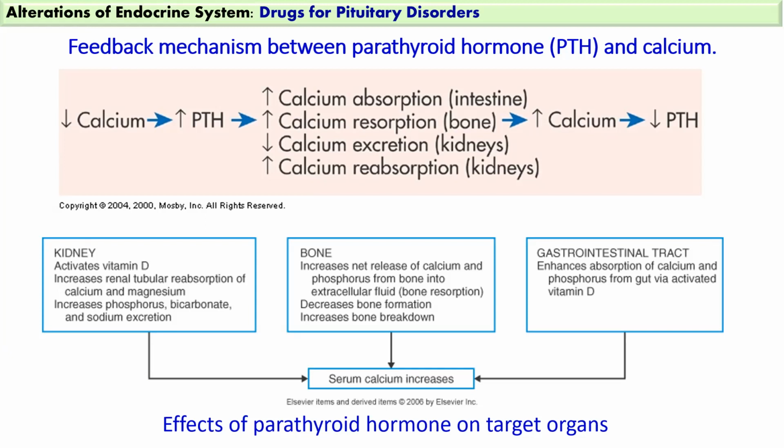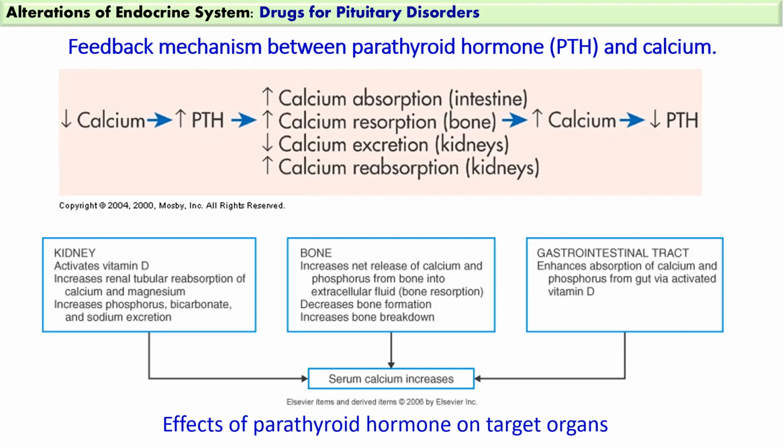The PTH hormone has effects on three main organs: the intestine, the bone, and the kidneys. At the intestine, PTH increases calcium absorption. For the bones, PTH results in more calcium resorption, meaning pulling the calcium out of the bones into the bloodstream.